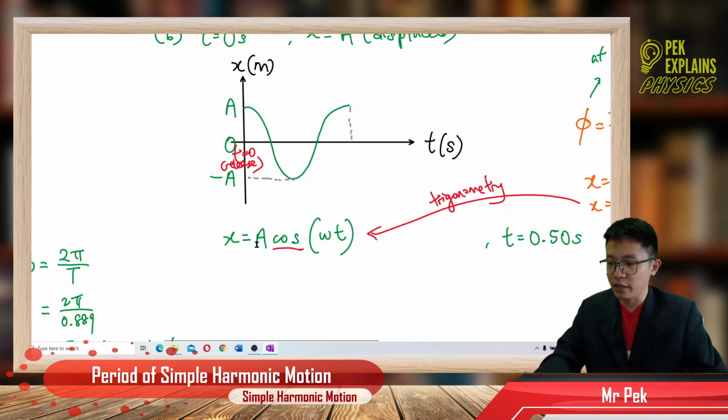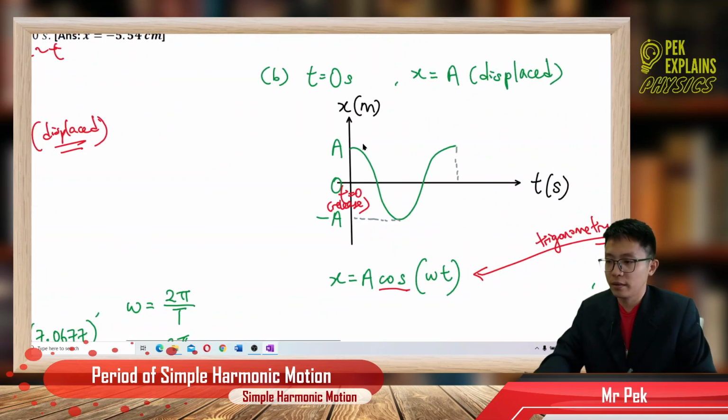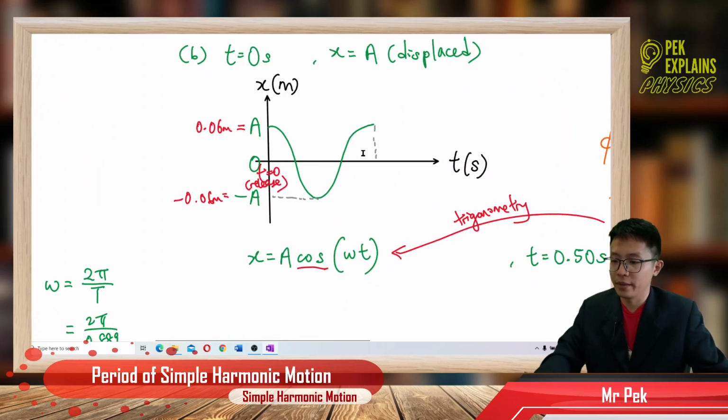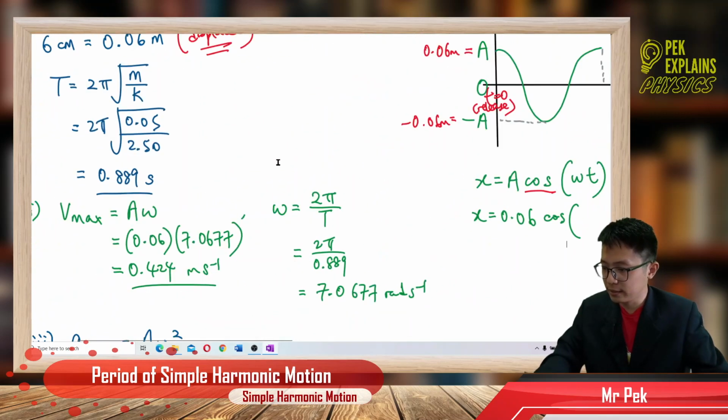Okay. So, do we have the amplitude? Yes, it is 6 cm, which is 0.06 meter. So we already have the amplitude 0.06 meter. Now, do we have the omega?